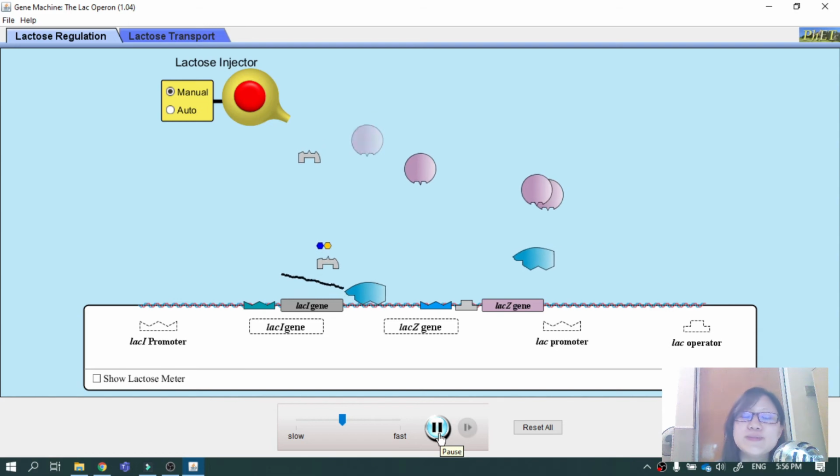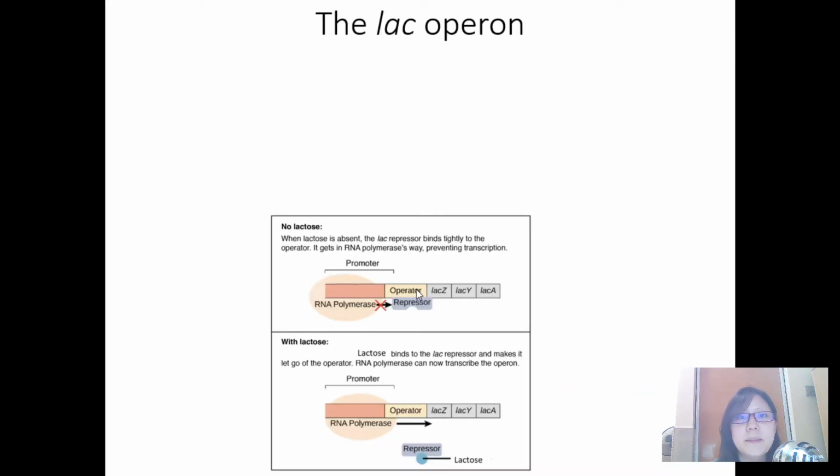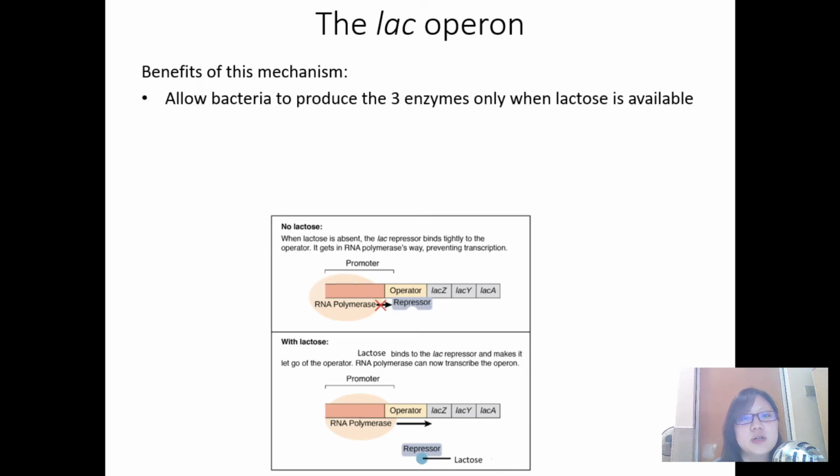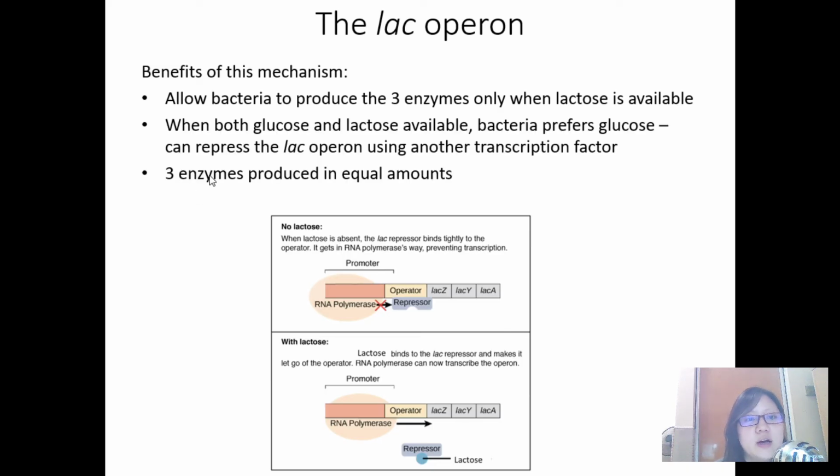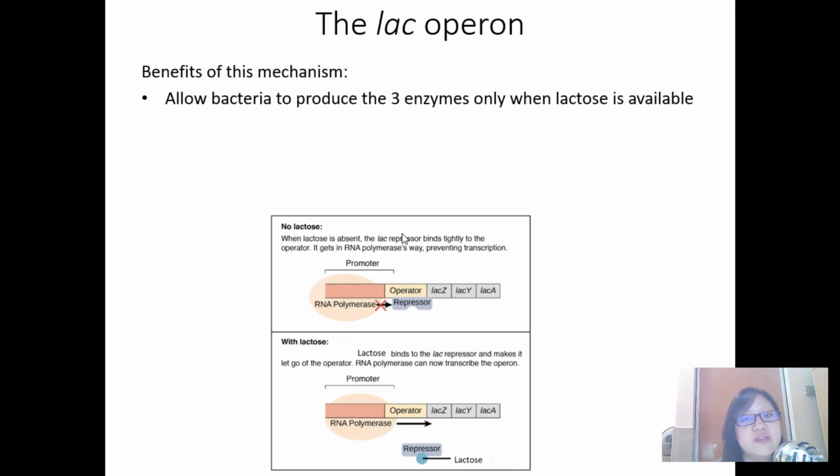So what are the benefits of the lac operon? This mechanism actually allows bacteria to produce 3 enzymes only when lactose is available, and all 3 enzymes are produced in equal amounts. So this is good because you will always have sufficient enzymes in order to carry out processes.